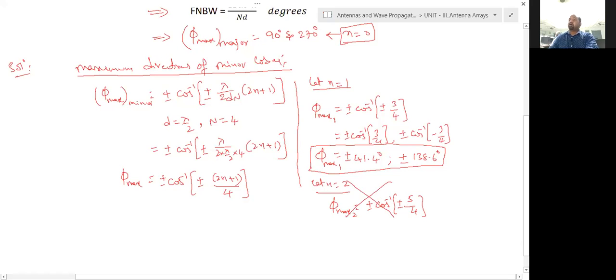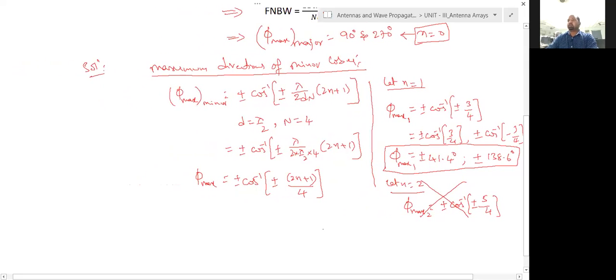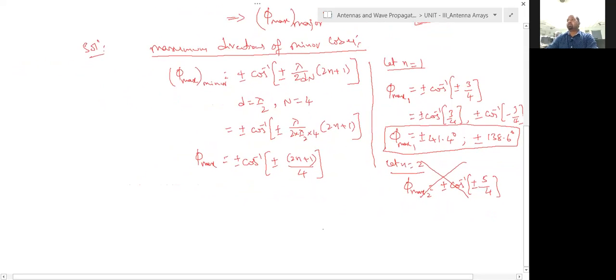Therefore, no second side lobe exists. It's only one side lobe. So these are the maximum directions which we have.